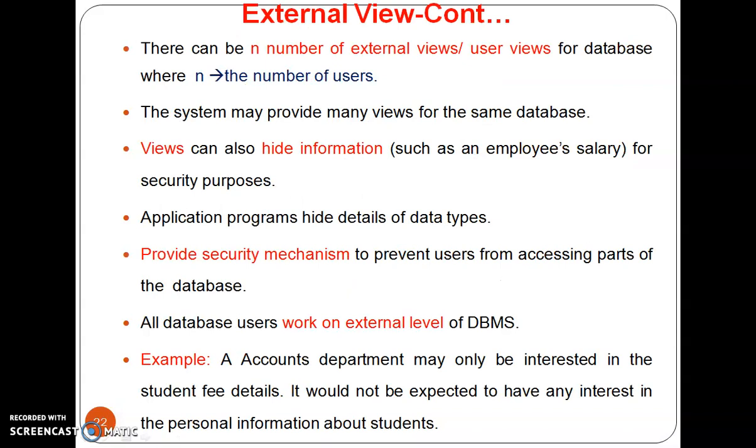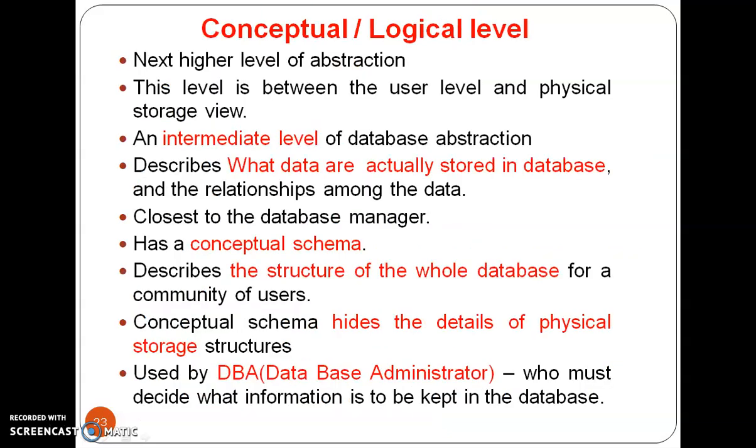More user views will be created based on their request. The views can also hide information for security purposes. For example, we can hide the employee salary details from others. For example, an account department may only be interested in the students' fee details. It would not be expected to have any interest in the personal information about the students.